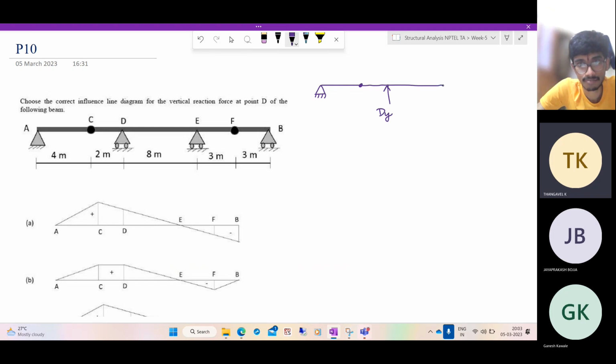From there, we have this point E. And here, mid of these two, we have this internal hinge. And here we have the support. So this is B, E, F, D, C, and A. Now, very simple. How will this deform?